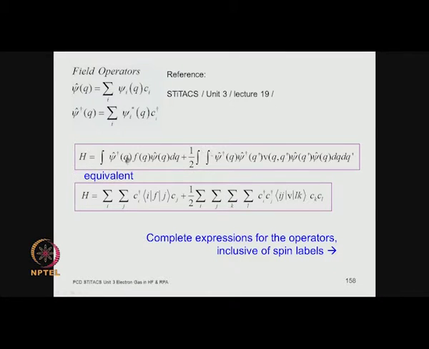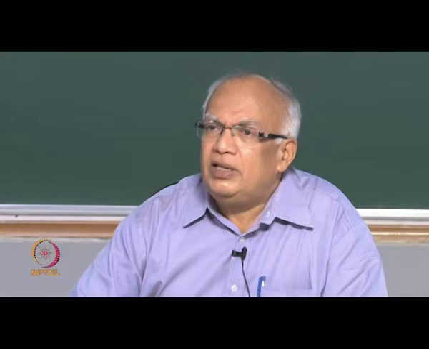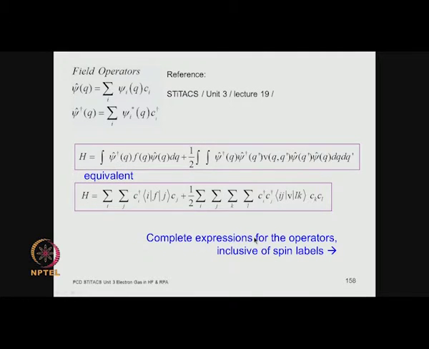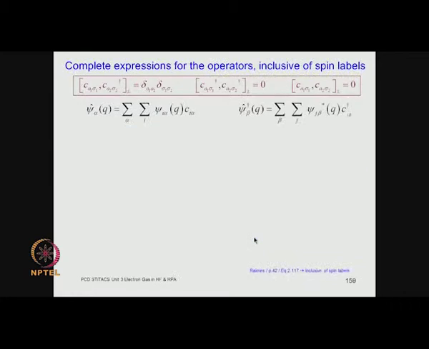However, we did not specify the spin label explicitly in this. It is already sitting over here because Q is a set of 4 variables, the 3 spatial coordinates and 1 spin variable. So, we will now write these operators explicitly inclusive of the spin labels.